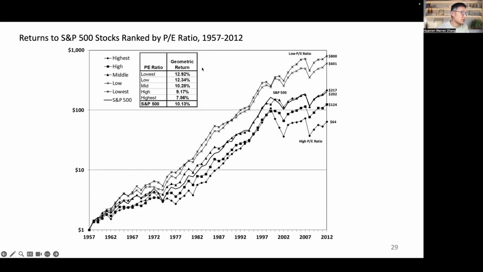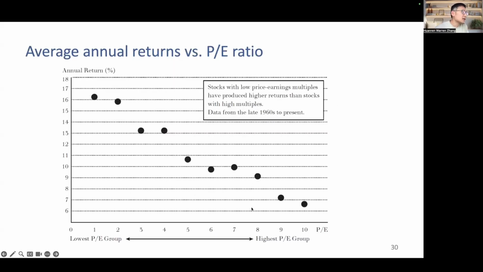So for the lowest PE ratio portfolio, the average annual return is close to 13%, while for the highest PE ratio stocks, it's less than 8%, right? So it's almost double. And here is another figure telling the same story.